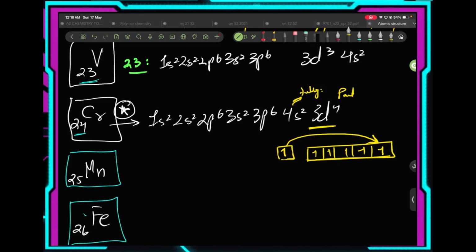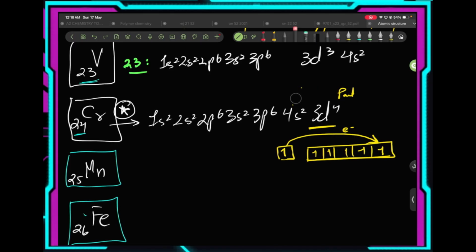So what would be a more stable electronic configuration? One's partially filled and one's fully filled, or both are half filled? Yeah, both half filled subshells would be more stable than the previous arrangement, right? So what we do is we excite one electron from the 4s to the 3d orbital.